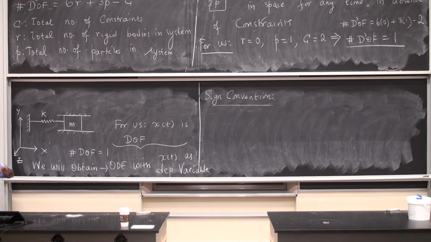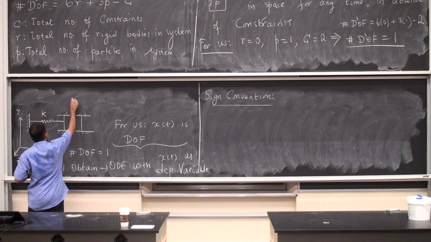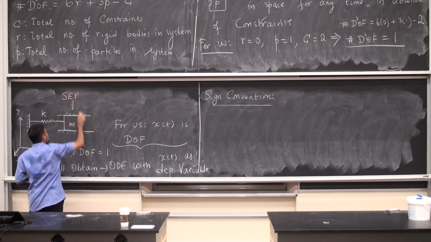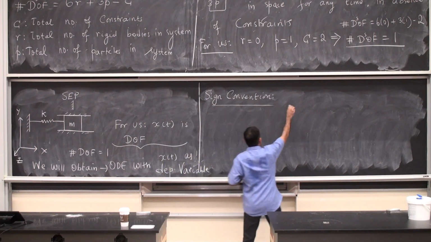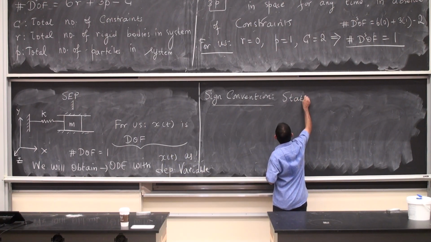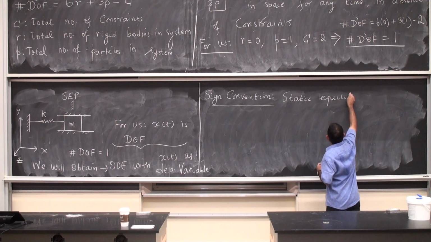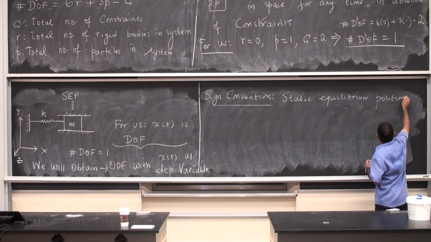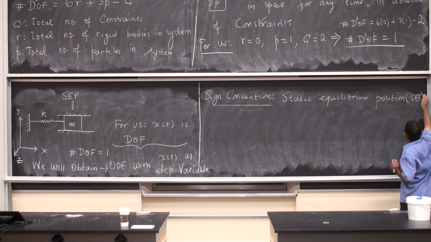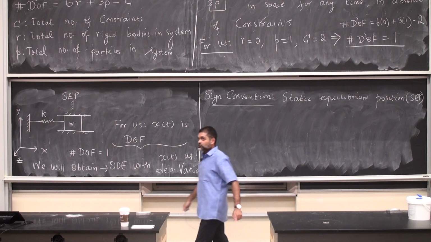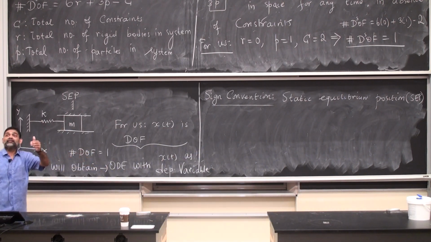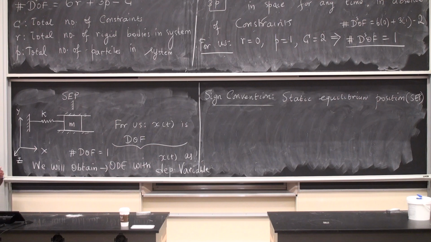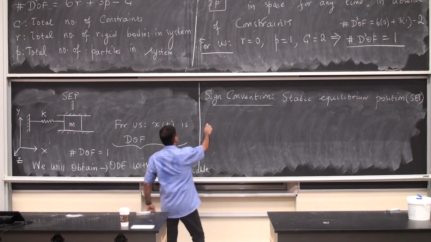I'm going to use this figure as a template for the sign convention. First things first, I'm going to mark the static equilibrium position of the system. It is called the SEP. So static equilibrium position. This is the position of the system when the spring is unstretched.